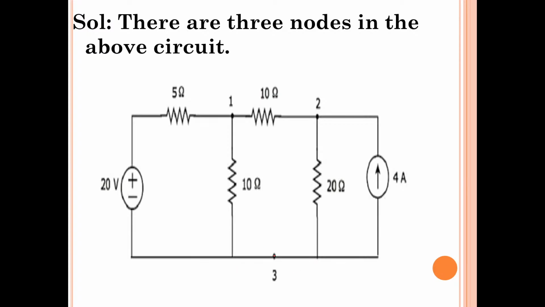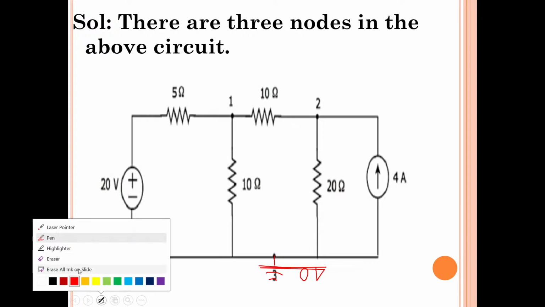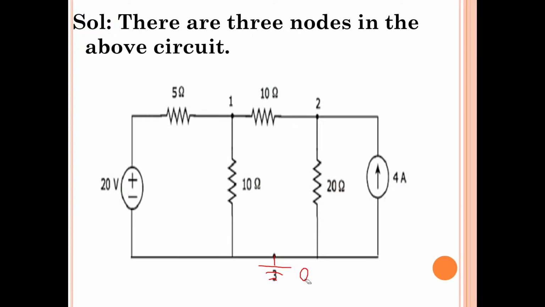This node you can consider as third node, as reference node or ground node. So you can put a ground symbol here and assume voltage 0 V. Voltage at this node is 0.